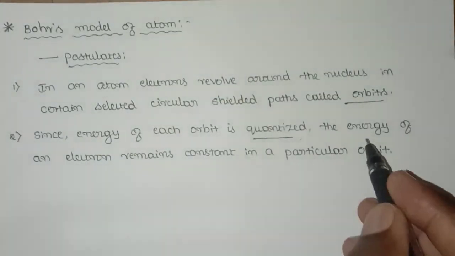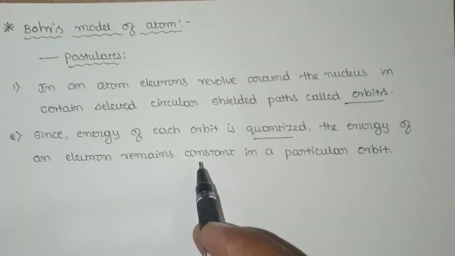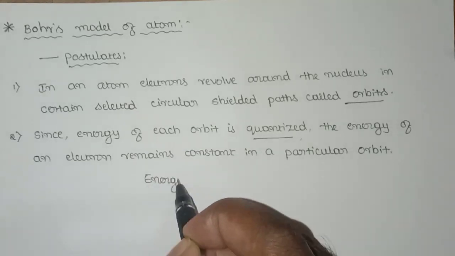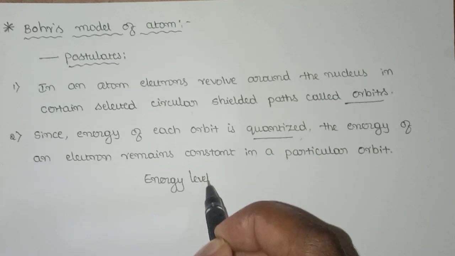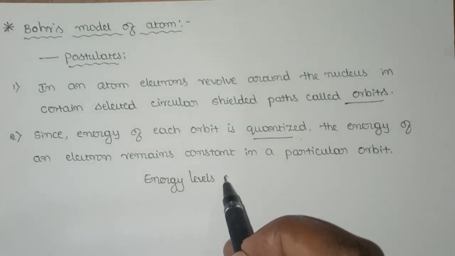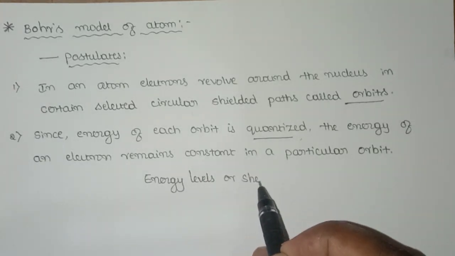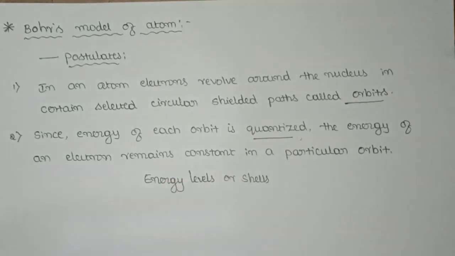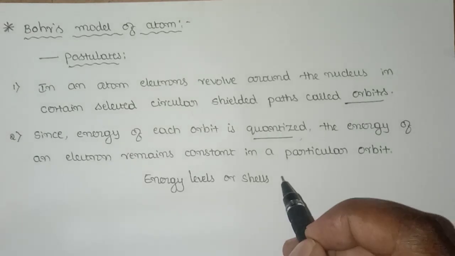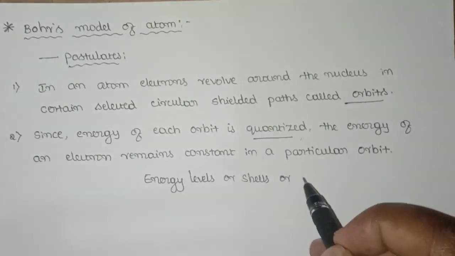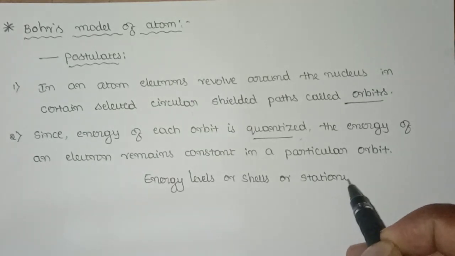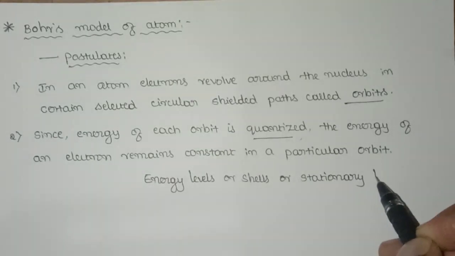We can also call the orbits in which the electrons are revolving energy shells or energy levels. Since the energy of those orbits remains constant, we can also call these orbits stationary states or stationary levels or stationary energy states.